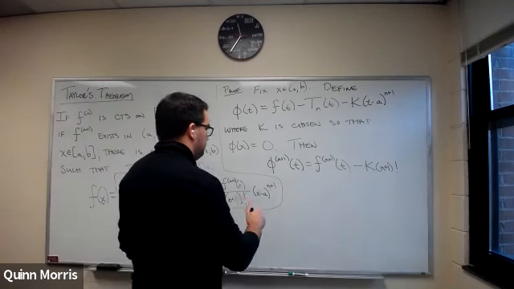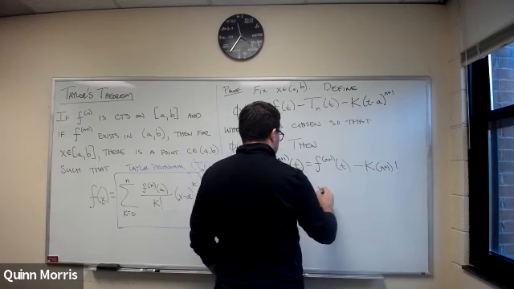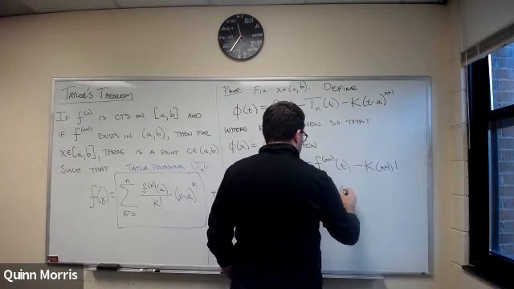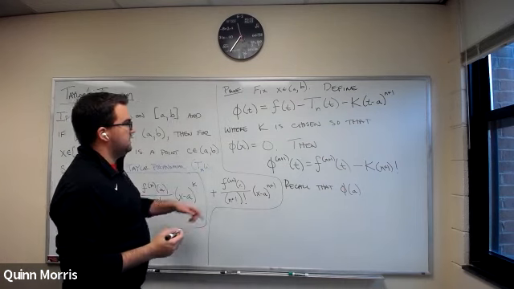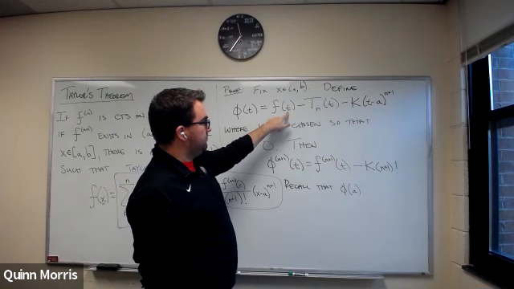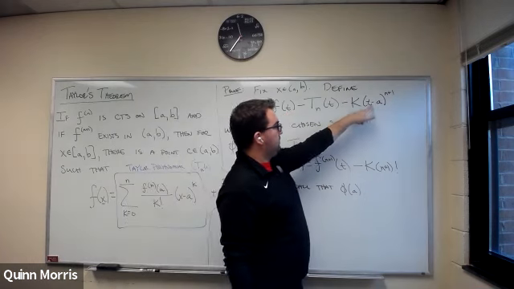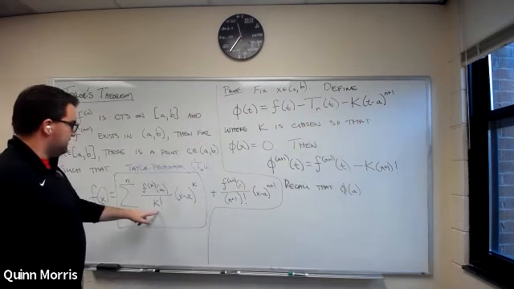Recall that if I plugged a into my function phi, what would I get here? I'd get f of a. Here I would get 0. What would I get if I plugged a into this thing?